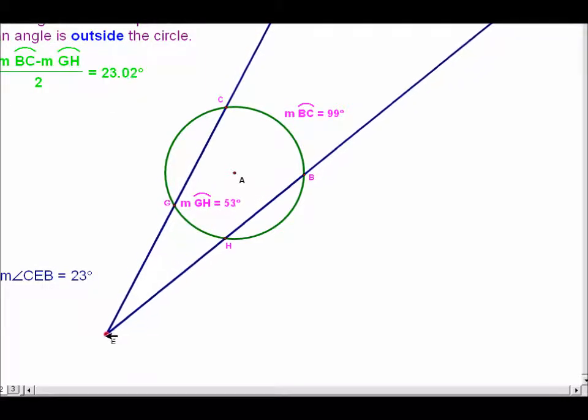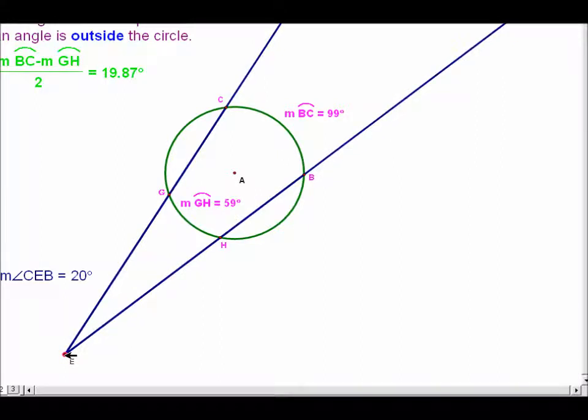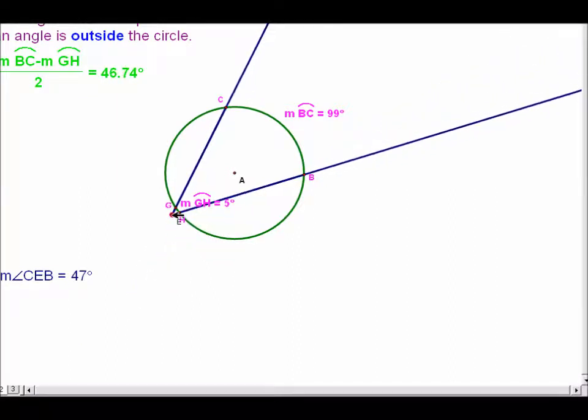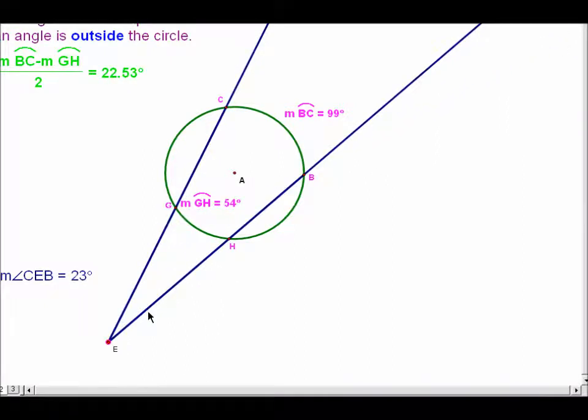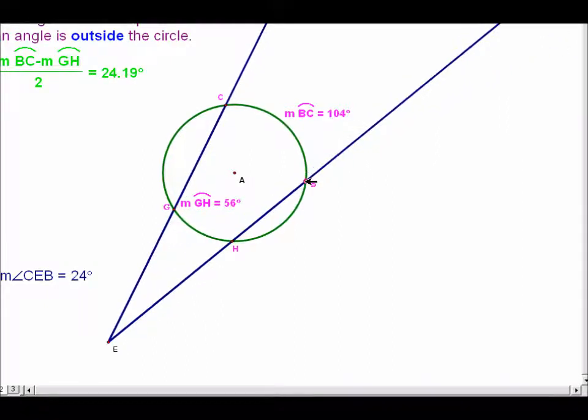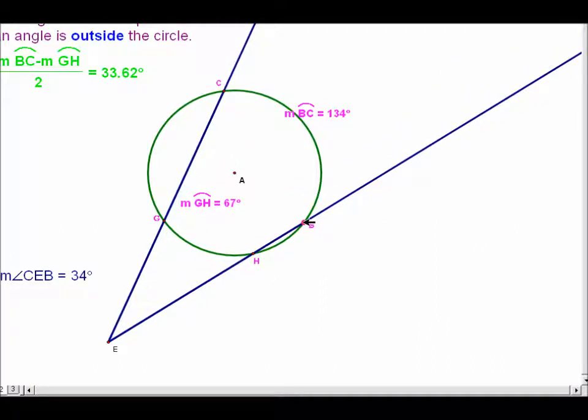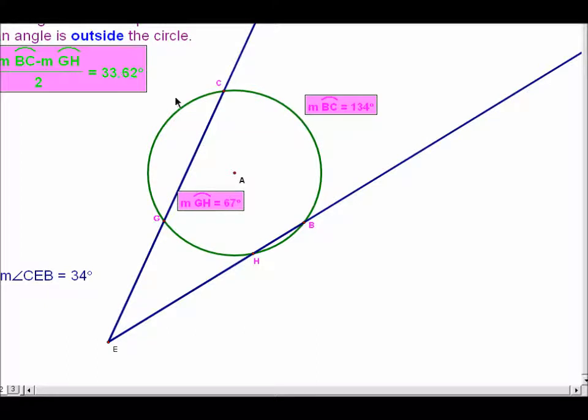Let's move our angle E out further away: 19.87 compared to 20. We'll move it in a little closer, almost touching the circle: 46.8, 47, looks good. Let's see what happens if we change these arcs. If I drag and make the circle and the arc bigger, the same relationship still holds true: 134 minus 67 divided by 2 gives us 33.62, which is still 34 degrees.